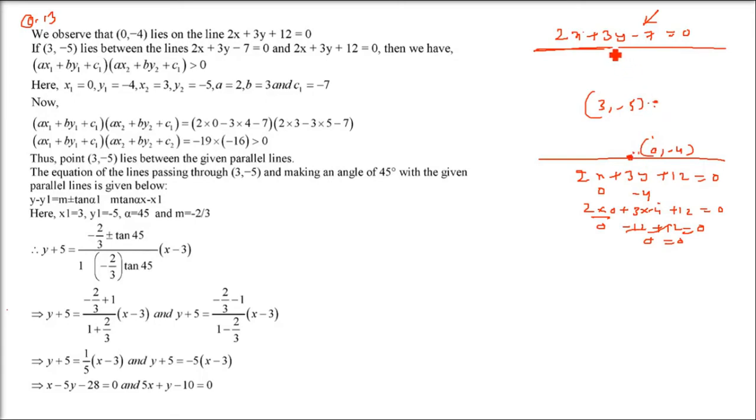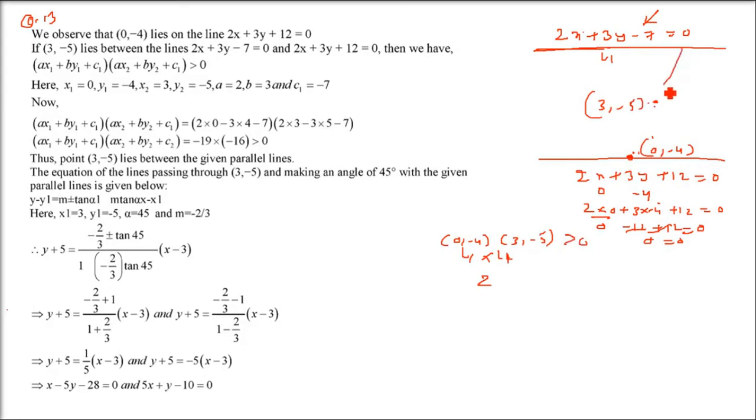Can we prove it? If we can prove that (3, -5) and (0, -4) are on one side of 2x + 3y - 7, then this is done. So we will put (3, -5) in this equation and (0, -4) in this equation, 2x + 3y - 7, and multiply them. If it is greater than 0, then these two points are on one side of the line.